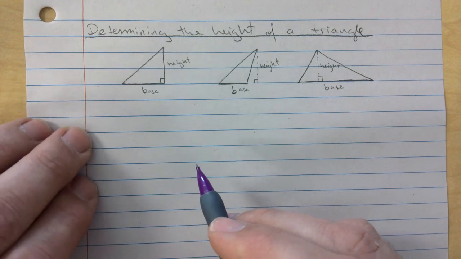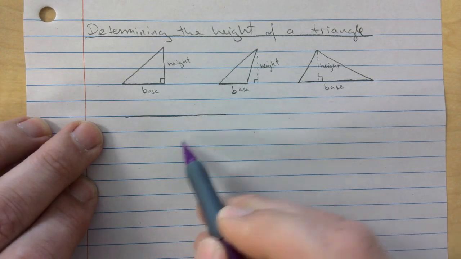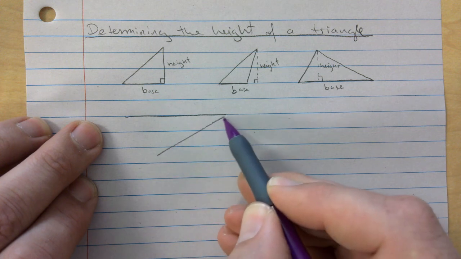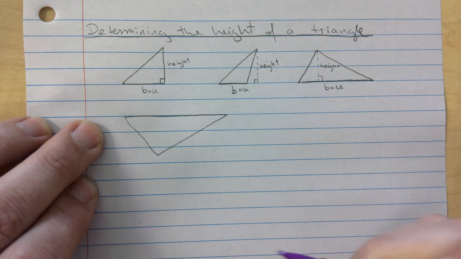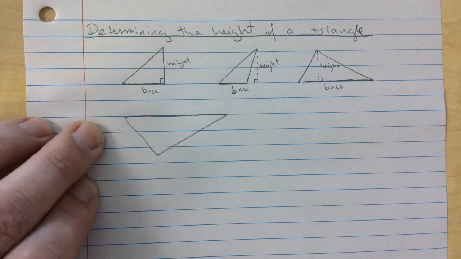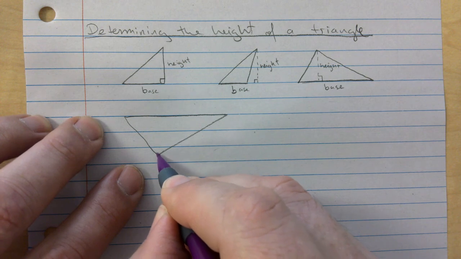Another variation would be if it's a flipped triangle. A lot of students don't think of the height as going down. And it's still, this is your height here.